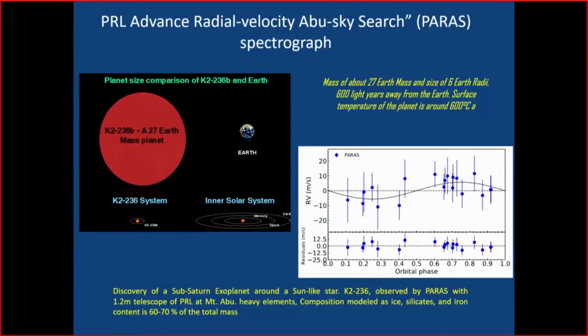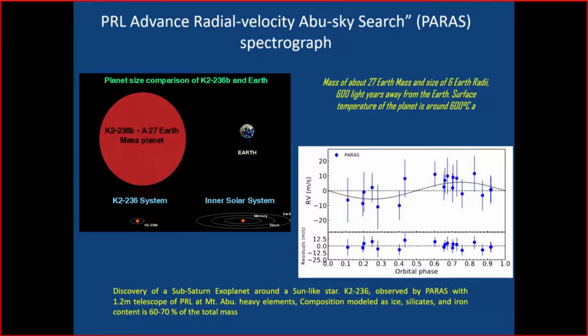In India, ISRO's unit, the Physical Research Laboratory, uses an advanced radial velocity spectrograph called PARAS. It is on a 1.2 meter telescope at Mount Abu, and they detected an exoplanet from the ground at Mount Abu itself. This planet is about 27 times Earth's mass and 6 Earth radii in size, around 600 light years away.